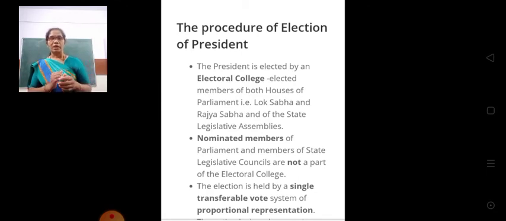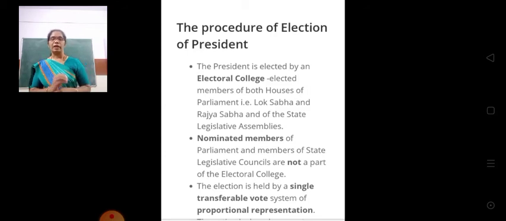The president is elected indirectly, which means the ordinary people do not elect the president directly.